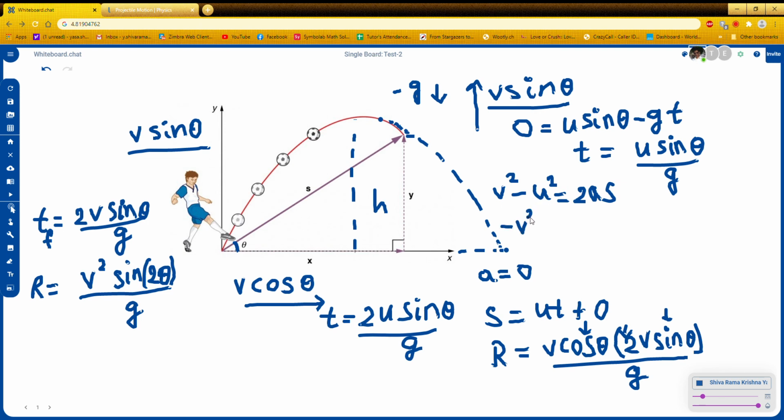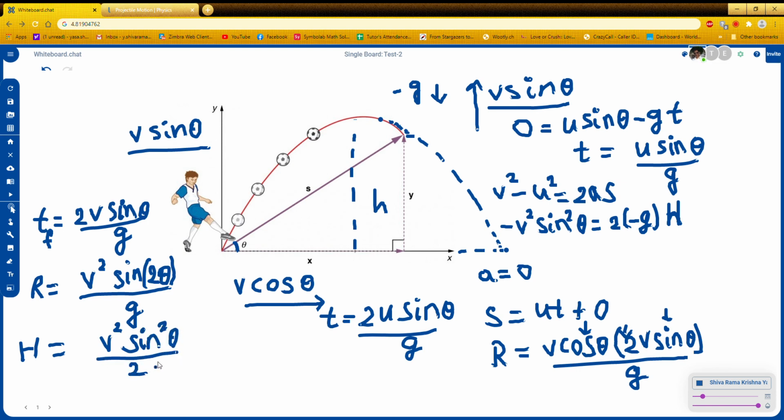So this is minus v square sine square theta is equal to 2a; a is opposite to the direction of velocity, so minus g, and s is the height. Let me write it as capital H for maximum height. Alright, so if you find H, what do we get? H is equal to, minus minus cancel, v square sine square theta by 2g.